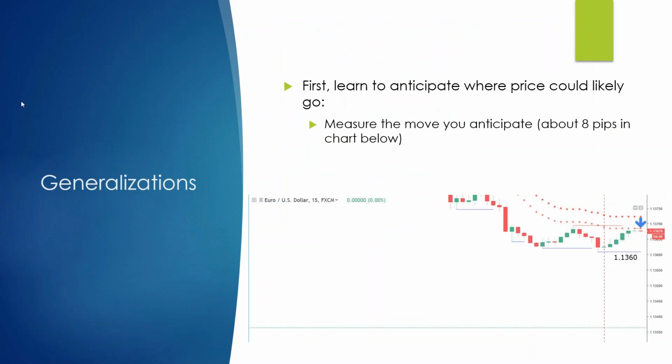Now, these are generalizations that I tend to teach everybody. Okay. First, I like to anticipate where price is going to go. Now, in this case, you can see that you're at the red plus sign. My anticipation would be that it would come down to the low and exceed the low. Okay. So what's the difference between where price is at now and where you anticipate it to go?